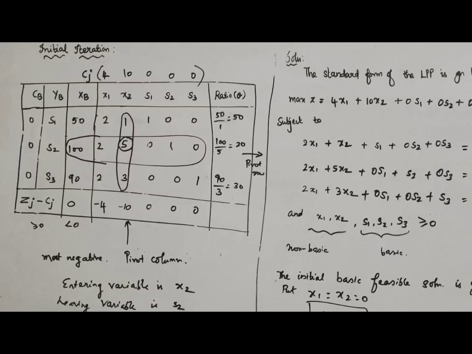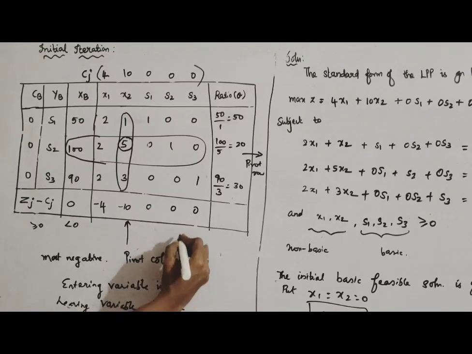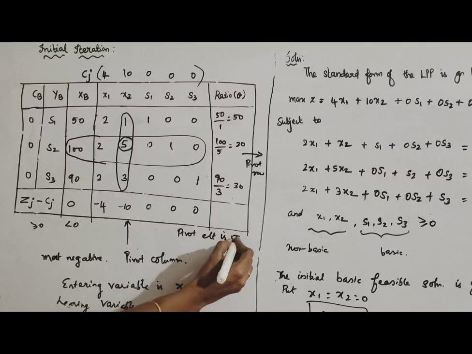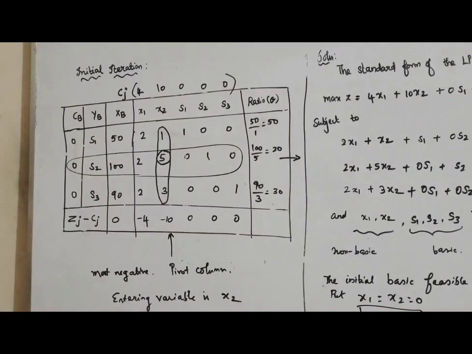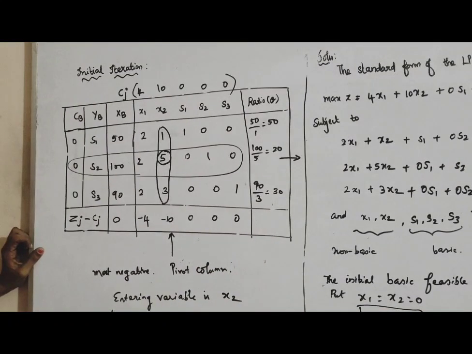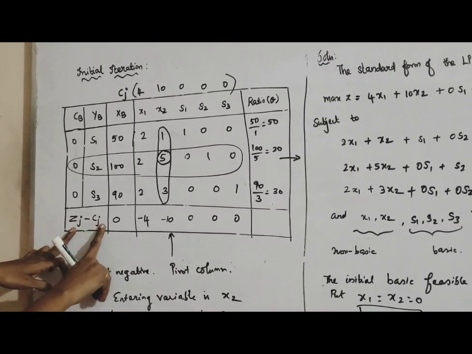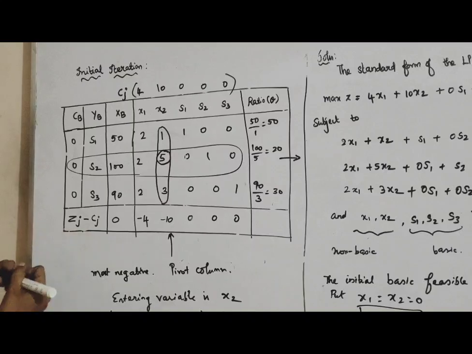What is the pivot element here? The pivot element is 5. The leaving variable here is S2. If all the Zj minus Cj values are greater than or equal to 0, then you stop here and you find the optimal solution in this iteration itself.